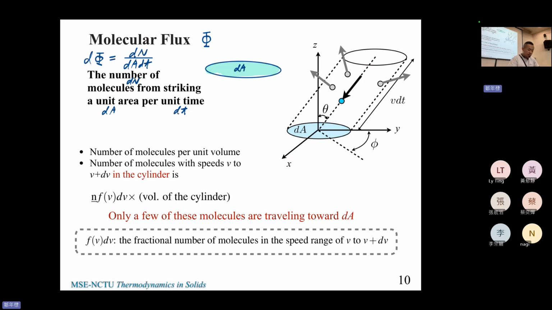You can imagine that this area has many particles hitting it, with small v, big V. The particles will hit it with different velocities. The arrow length represents high speed or low speed.